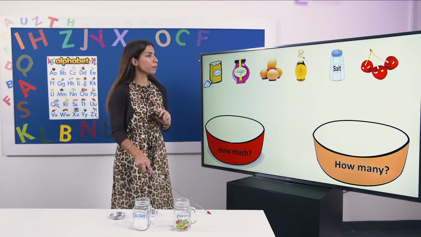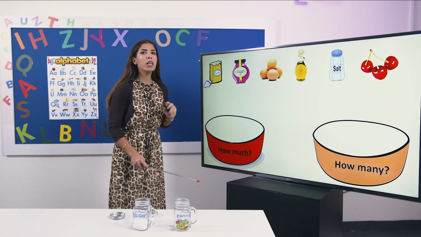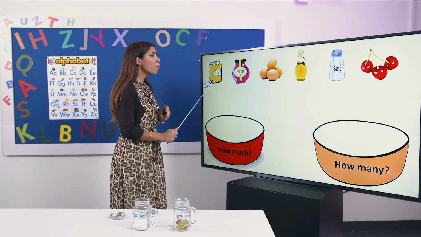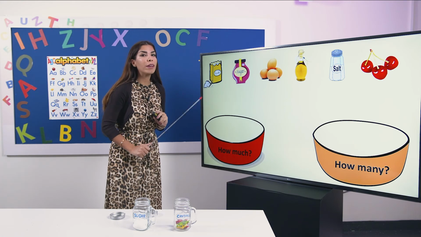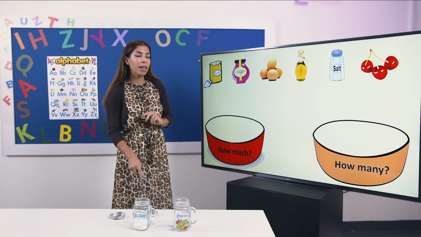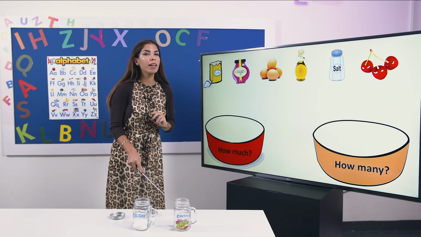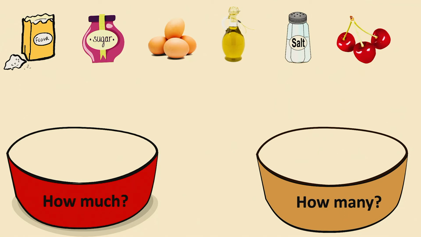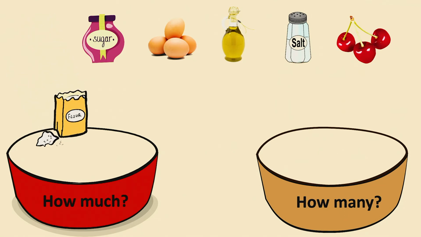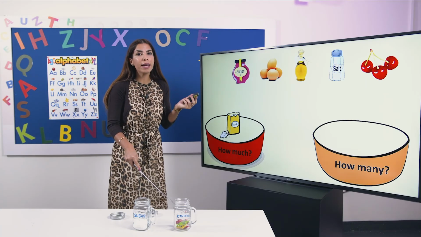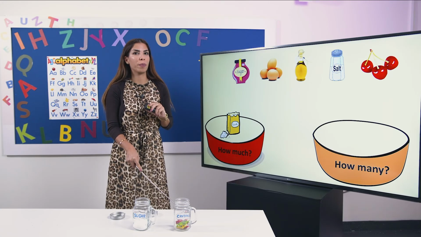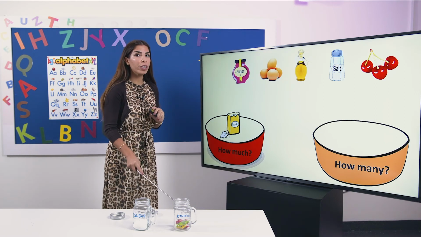Let's start. So, do we ask how much flour do you need for the cake, or how many flour do you need for the cake? Think very well. Yes, great. How much flour do you need for the cake? Because flour is uncountable. Great job. What about sugar?